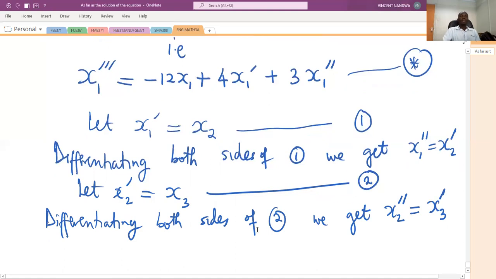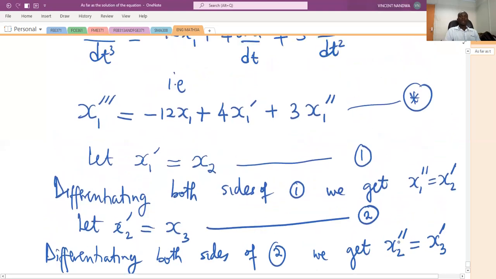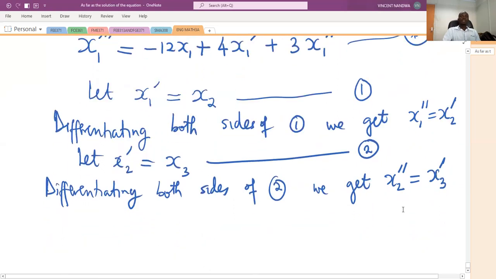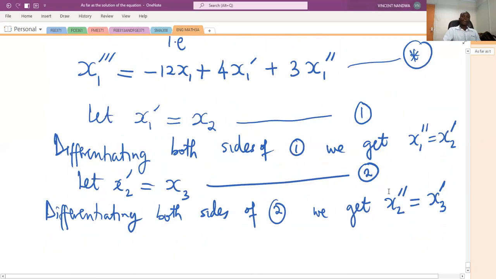But you see, when you differentiate this one again, it's the same as differentiating this one. So note that x2 double prime is the same thing as x1 triple prime, because you are differentiating this one a second time. So this is the same as what you are calling x3 prime.